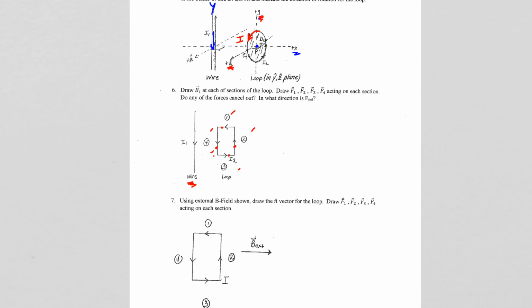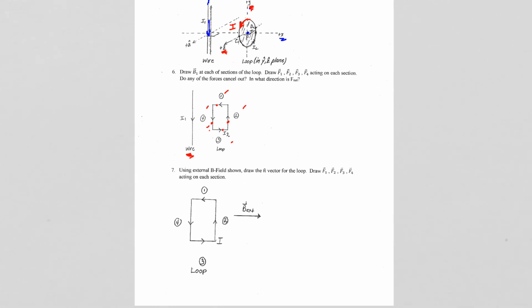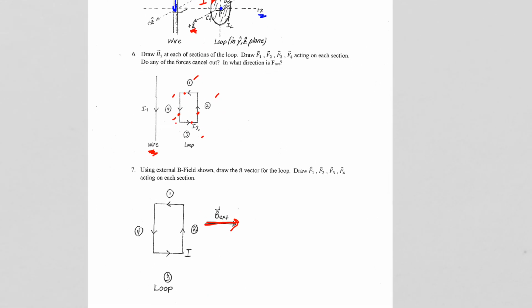And the last one you have to consider is where you're given, again, the same loop where the current is now in the plane of the page, and you're just given an external B field to the right. So think about, again, identifying the n hat vector and how this coil would rotate, and think about the forces, right? The IL cross B's that these forces are going to have on the wire.